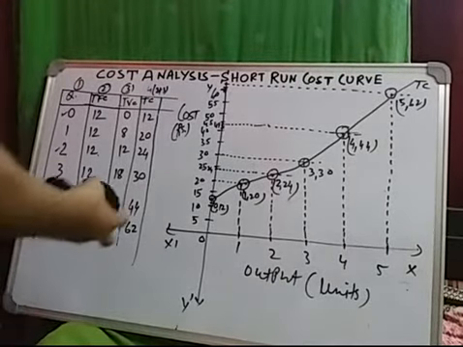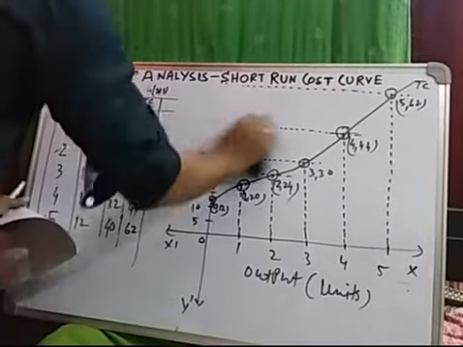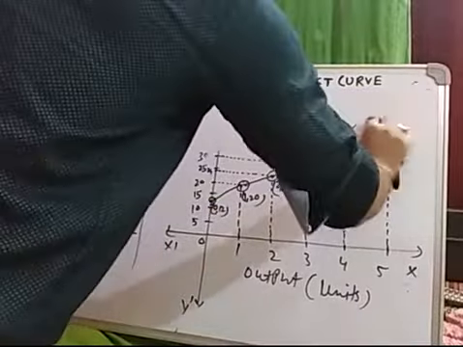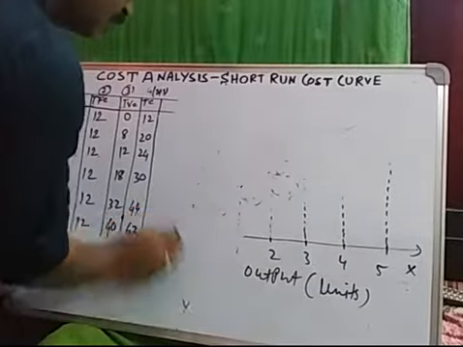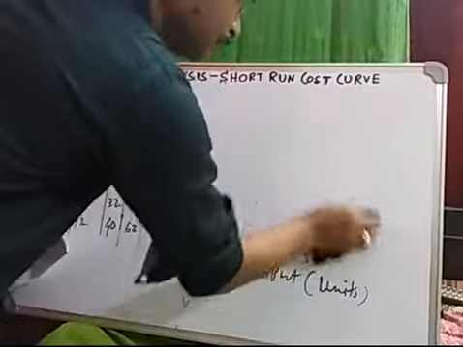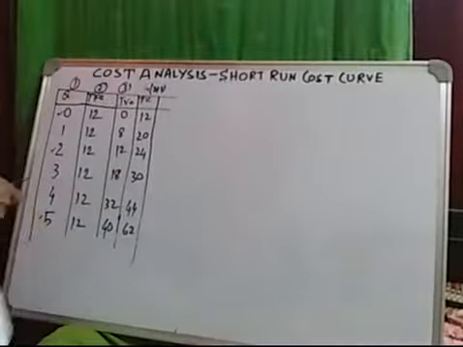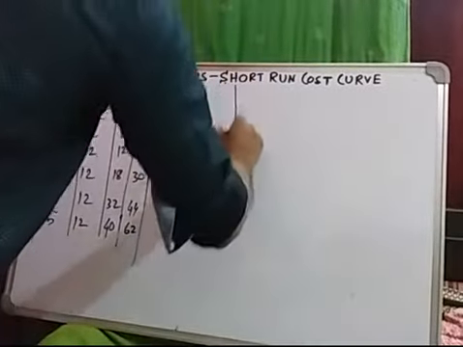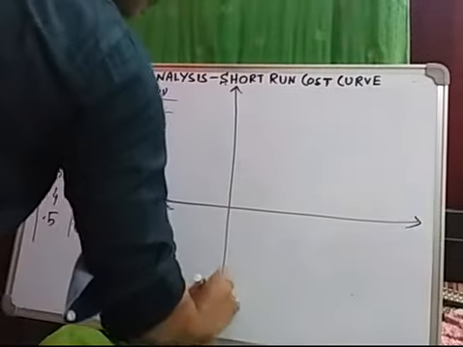Now see, if I plot the TC, TFC and the TVC curve in a single diagram, what will be the graphical representation? In the same way I can draw the curve. So these are the two axes.